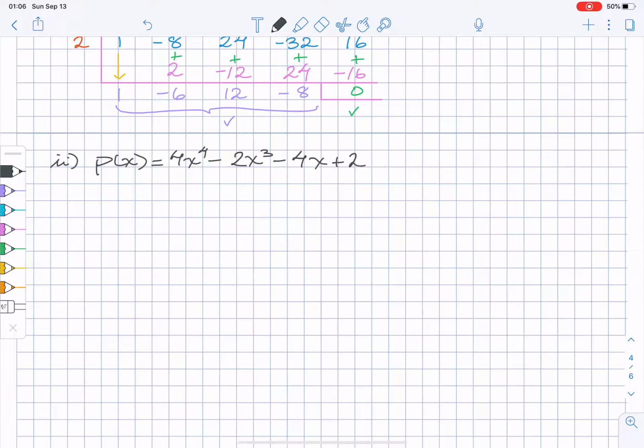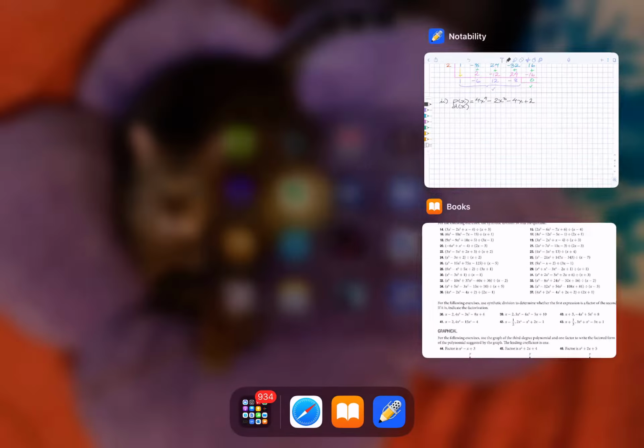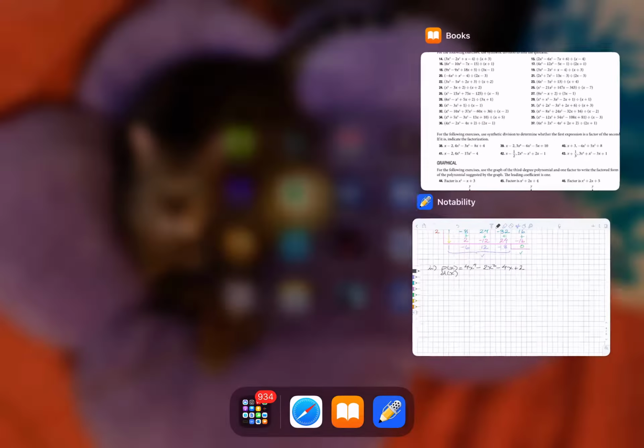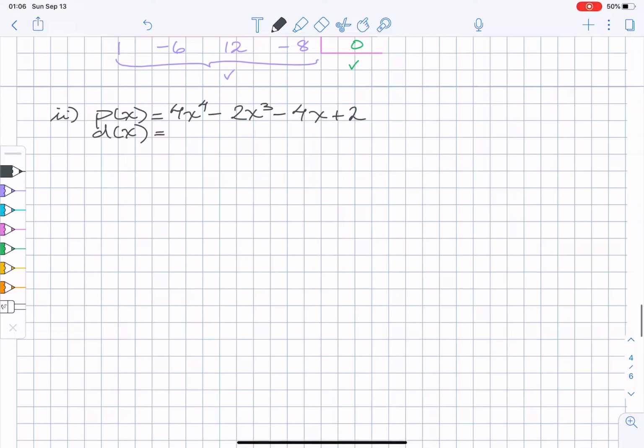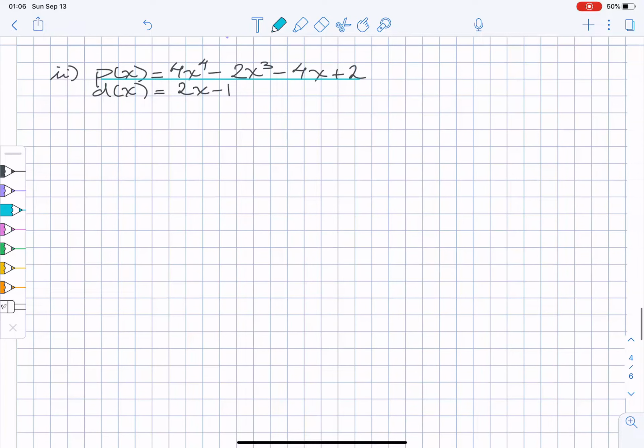And there's a sneaky something going on here. The divisor is going to be 2x minus 1. So there is a coefficient, which is good, because I wanted to show you this. There's something interesting about this polynomial in that it's missing terms, right?